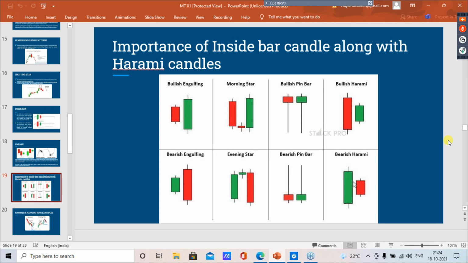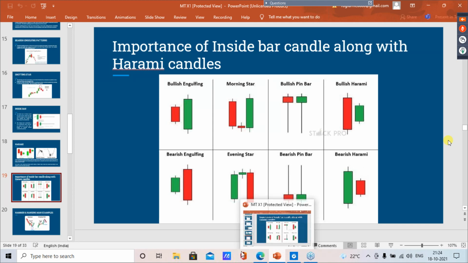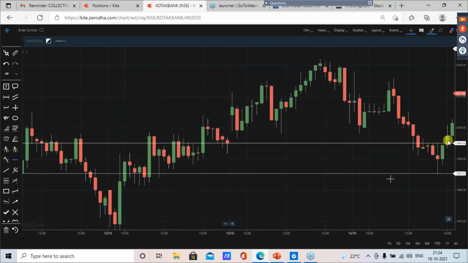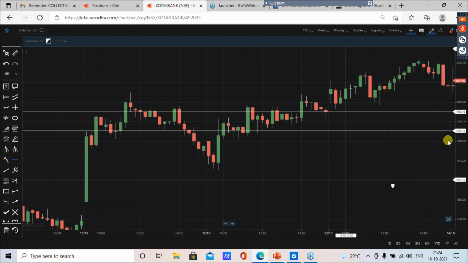So what is the dominant trend there? Bullish. The dominant candle has to be green. That dominant trend is trying to reverse, right? So if you have a small red candle, you can use it as a bearish Harami. We'll just have a look to find such examples.